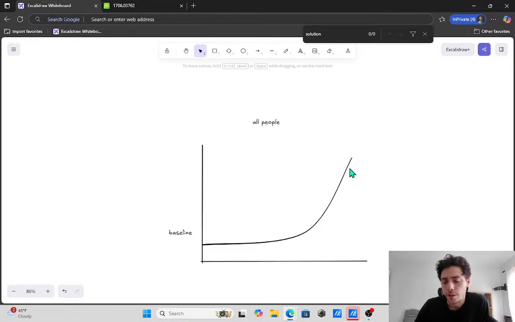Why it might look like this is because, for the longest time, if you went back 1,000 years ago or 900 years ago, the baseline was probably pretty similar in those people. There probably weren't big changes. But now I feel like our parents didn't have cell phones and stuff like that, and things used to take a lot longer. But now with our generation, that's just like 50 years, let's say.